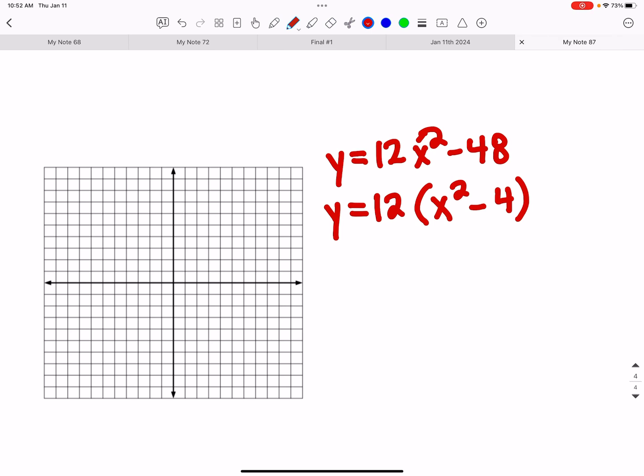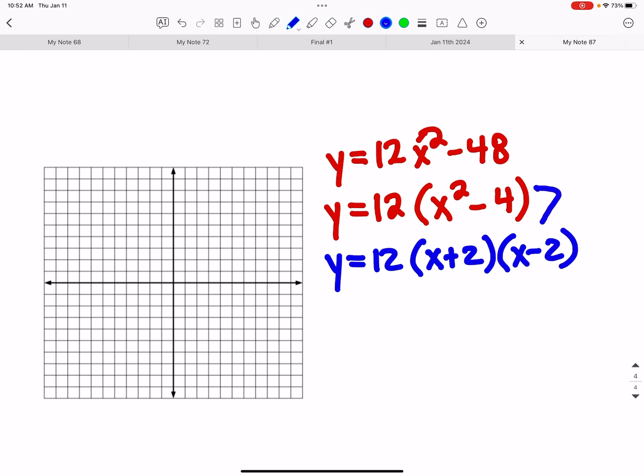Do you guys, should I teach you? Yeah, okay. This is y equals 12 times x plus 2 times x minus 2. Okay, we have to get better at being able to turn these guys into these, but don't worry about it right now. So that's what this equation actually is. 12 times x plus 2 times x minus 2.